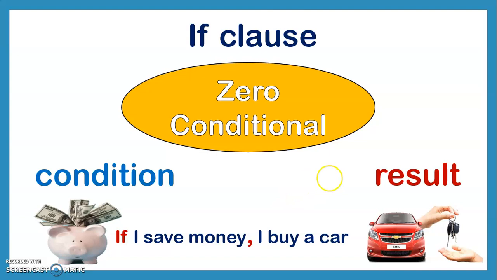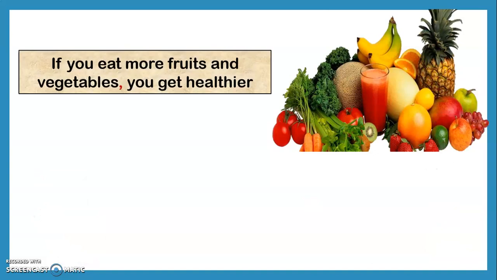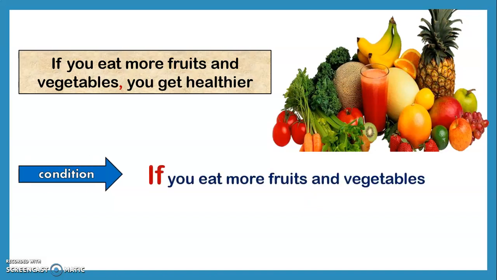Okay, so let's see more examples here. Okay, so look at this now. If you eat more fruit and vegetables, you get healthier. Look at this. What is the condition here? If you eat more fruit and vegetables, yes, that is the condition. And what is the result?